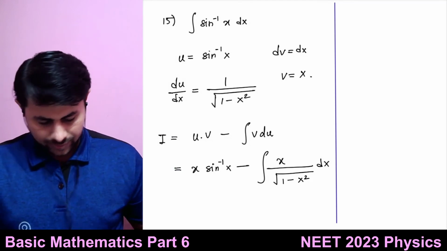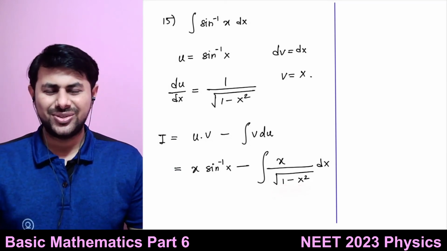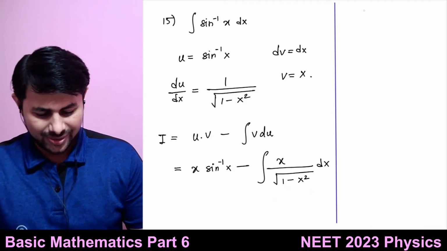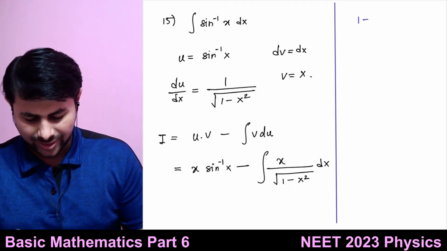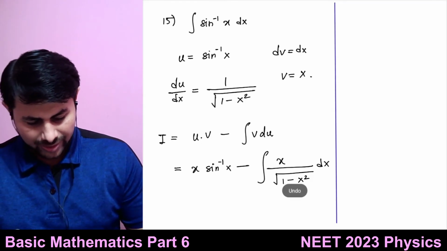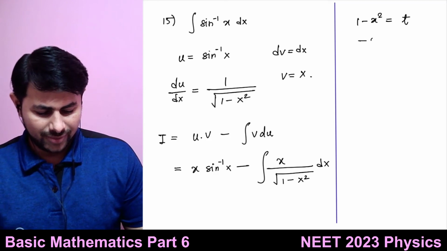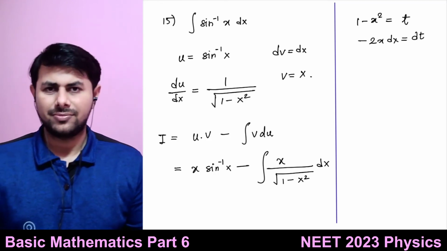Substitute this thing equal to t, right? Let's substitute 1 minus x square equals t. So minus 2x dx equals dt.